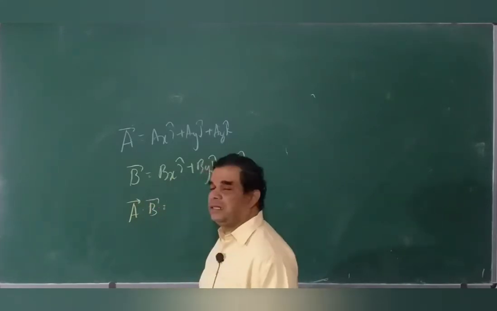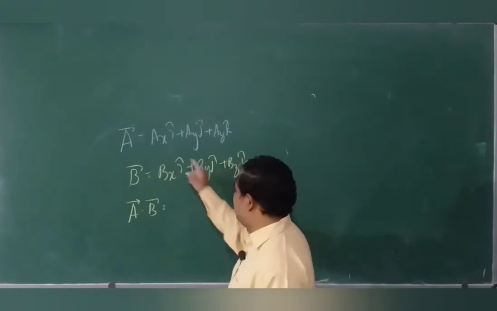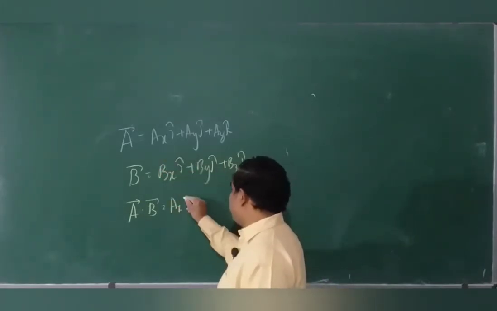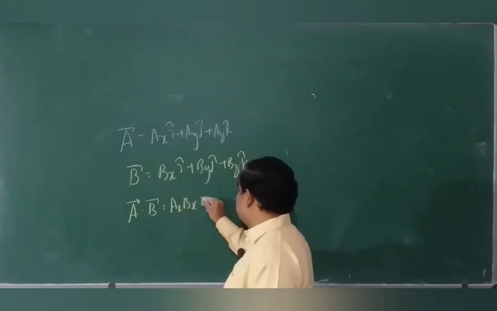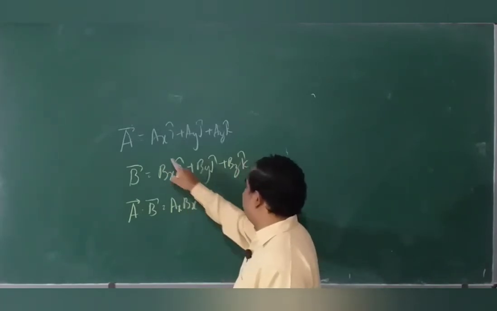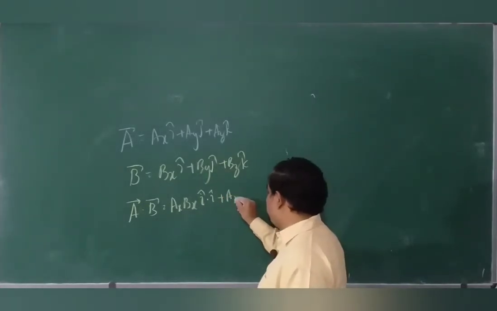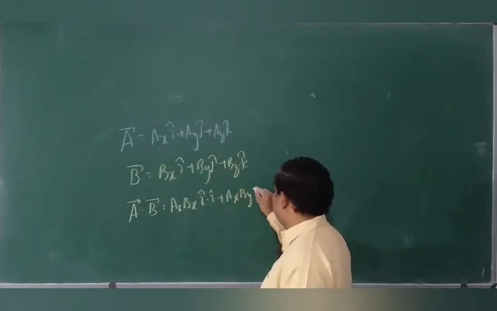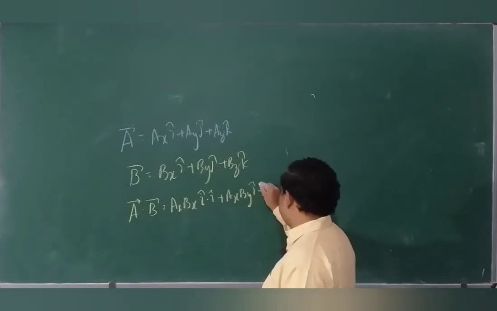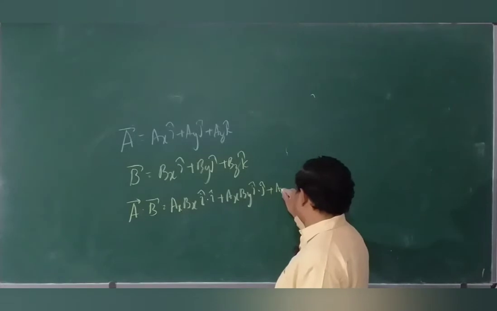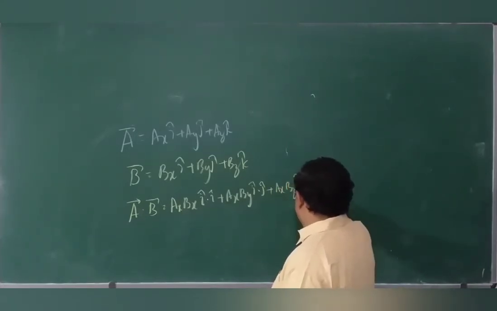Now we write A dot B in this manner. We have to multiply each thing, Ax first with Bx, and it is i cap dot i cap. Then Ax with By, just like algebraic multiplication, Ax By, i dot j, plus Ax Bz, i cap k cap.